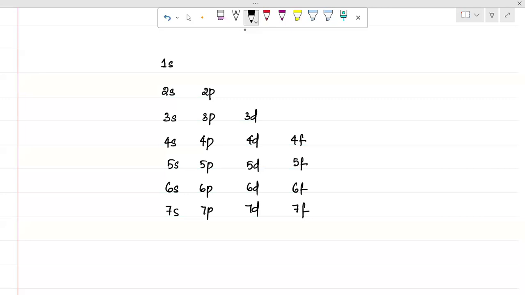Once this is done, to get the order in which you have to fill the electrons in any atom, please listen. If you want, you can draw arrows like these, if it confuses you.